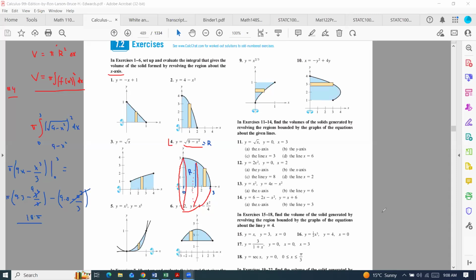You don't need to waste time on the exam doing all this antiderivative pain, but just use the formula for the volume, not the area, volume of the ball, which is pi times r cubed. And if you see half of the ball, then it will be half. So if r is 3, it right away gives you the answer, so you don't have to do anything but give the answer right away.